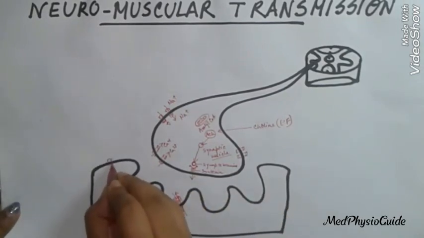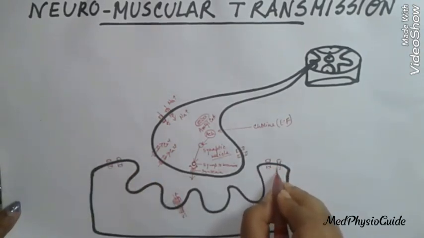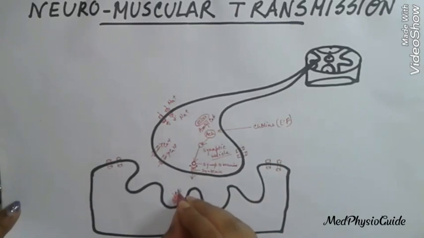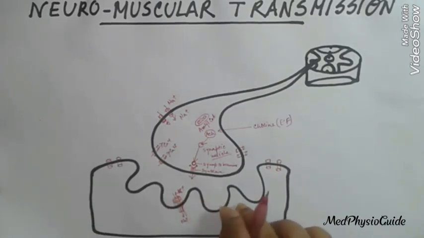Then what happens is that the resting membrane potential is affected, and the potential becomes 0 millivolt from minus 80 millivolt after the influx through the channels, as the Na+ is entering, and obviously the potential is getting disrupted and the muscle junction is getting excited.